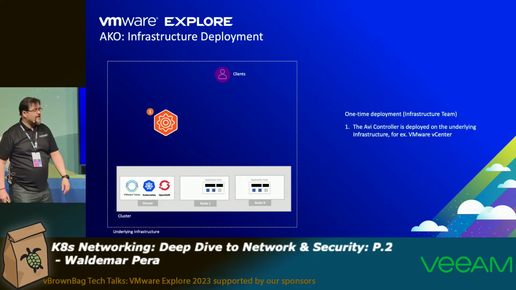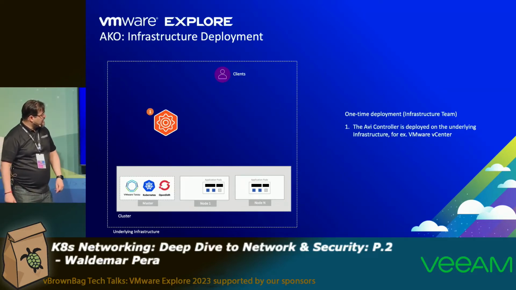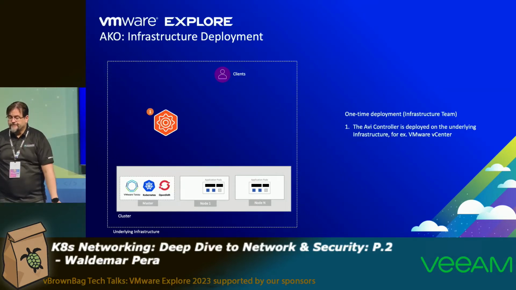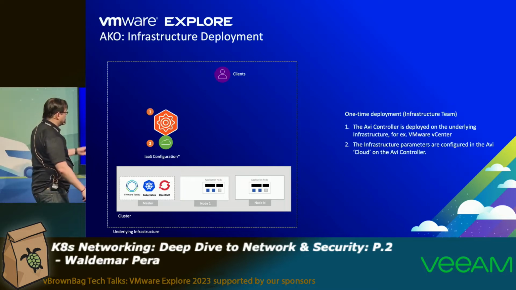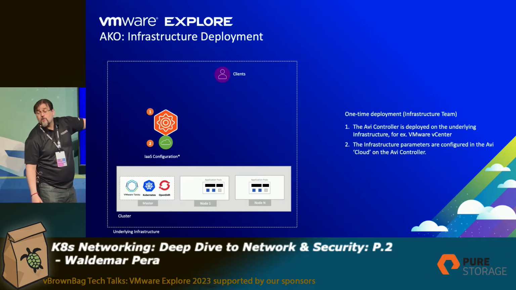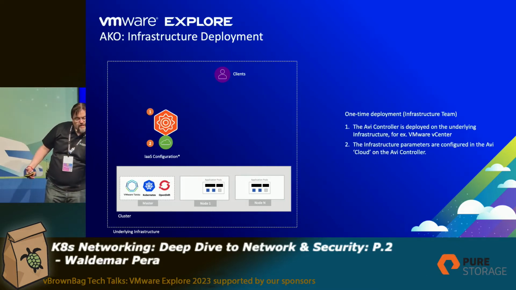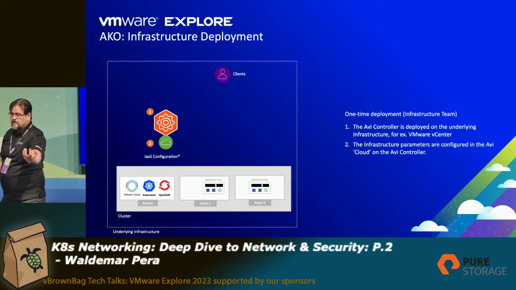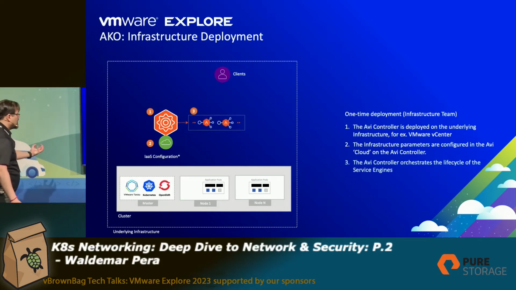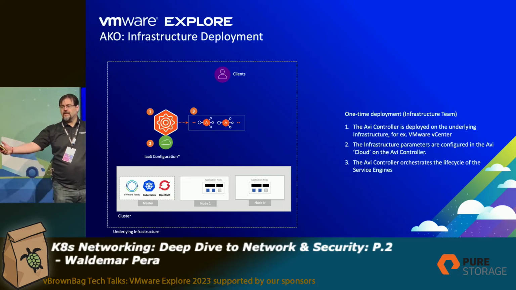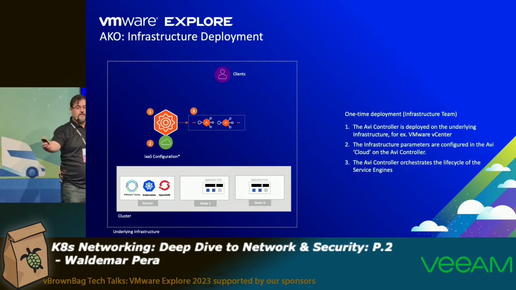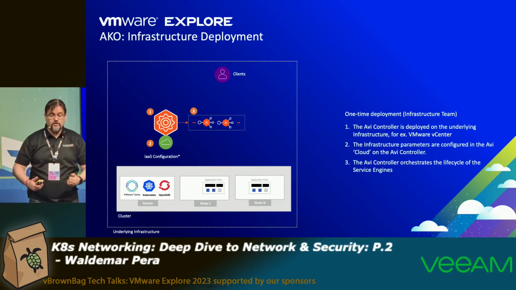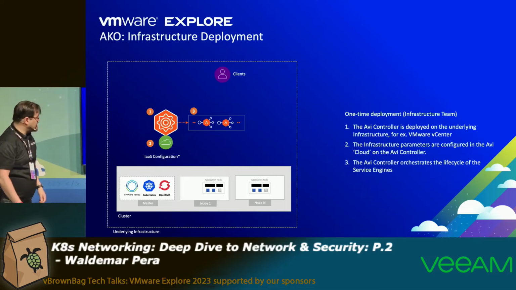What is the idea? I take this AV controller installer, whatever, then I create the cloud, which is the way to interact with the infrastructure from the AV controller. You then create the data plane, the component that talks to the customer in the front and to the service in the back.